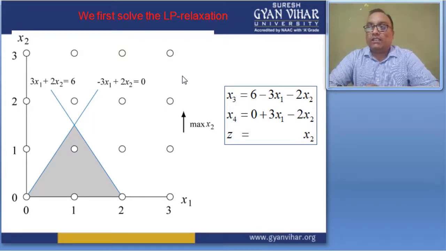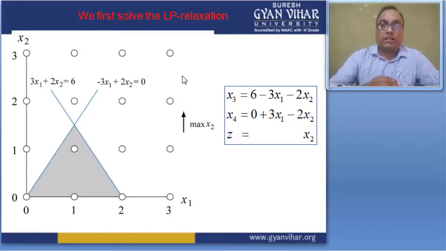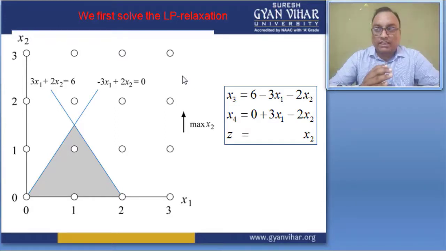Then we define x as a function of j, and let's denote the one feasible integer solution by fj, right? So suppose z equal to x2 is one function, using the one feasible solution.